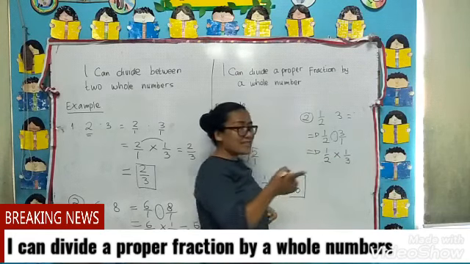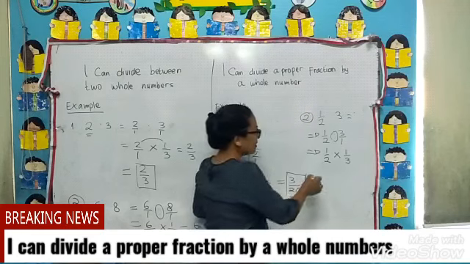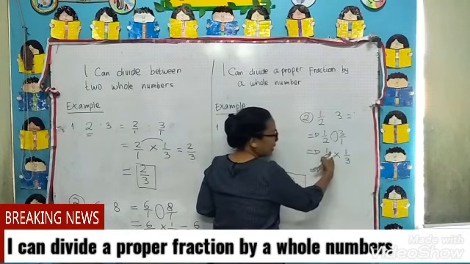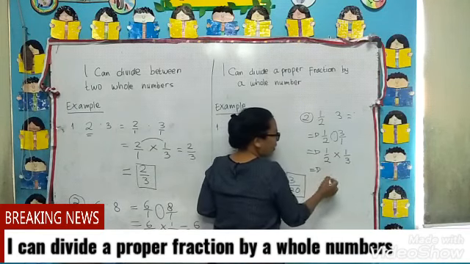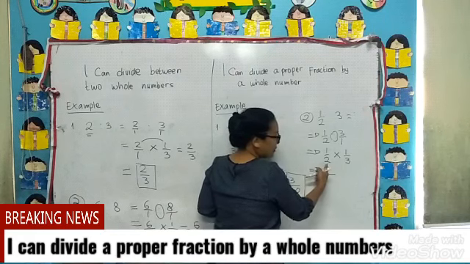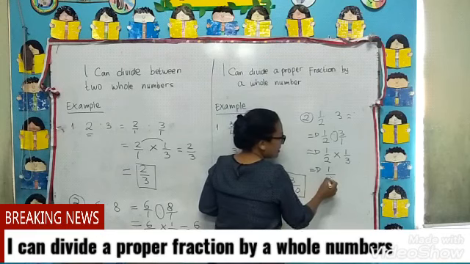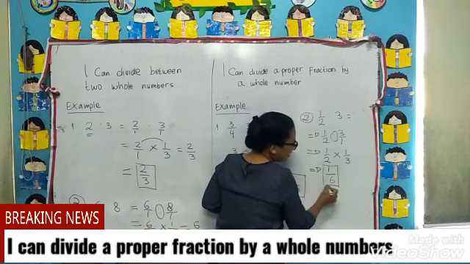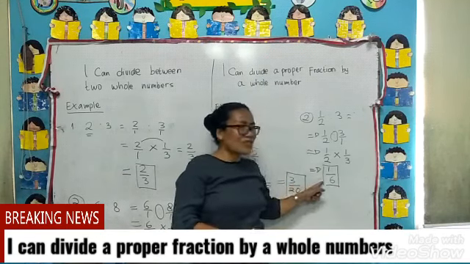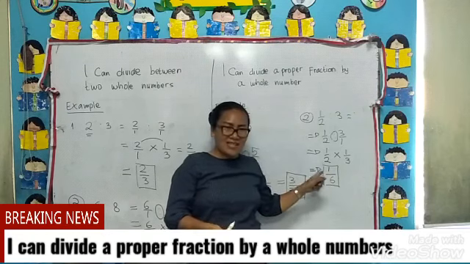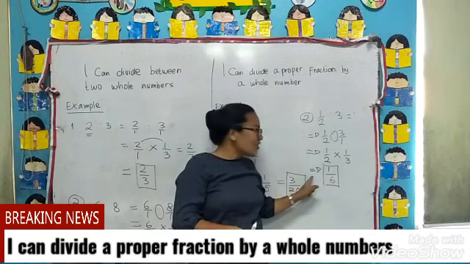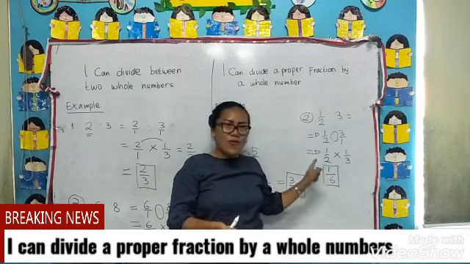And then the last step, numerator by numerator is 1 times 1 equals 1, and then 2 times 3 equals 6. So this is the simplest form of this fraction. So the final answer is 1/6. Also, you can read this as 1 over 6.